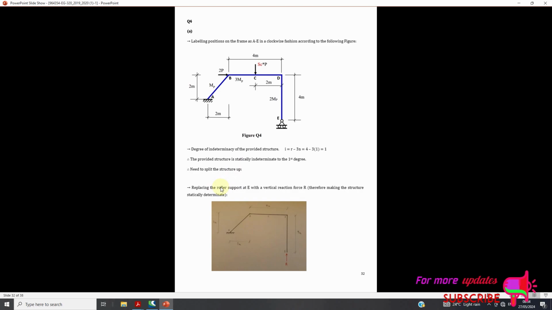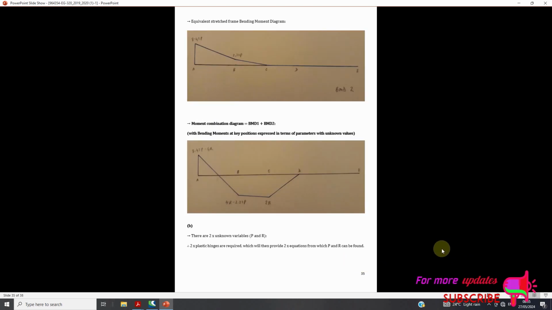We need to split the structure up, replacing the roller support at E with a vertical reaction force R, therefore making the structure statically determinate, because initially the structure is statically indeterminate to the first degree.